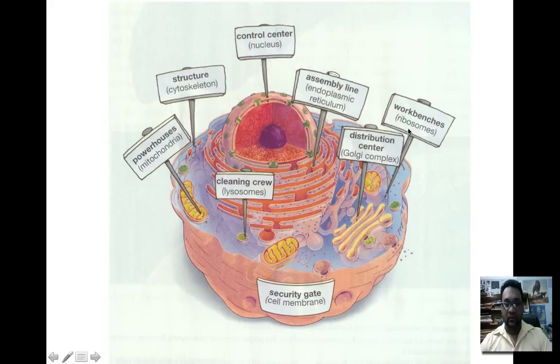And the ribosomes, as we already saw, make proteins. That's where protein synthesis takes place. And the rough ER is responsible for post-translational modification. What that simply means is, first of all, I don't know if you know what translation is, but translation was when you took the information from the mRNA and you made proteins.